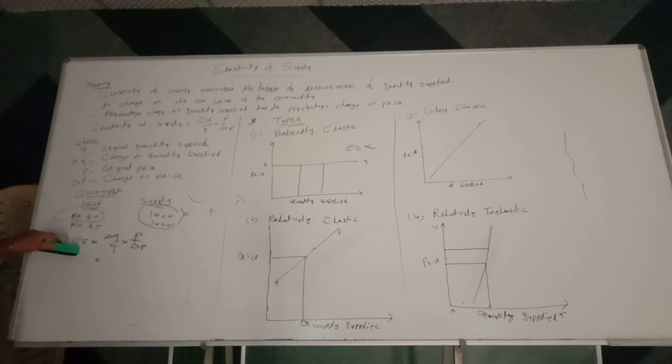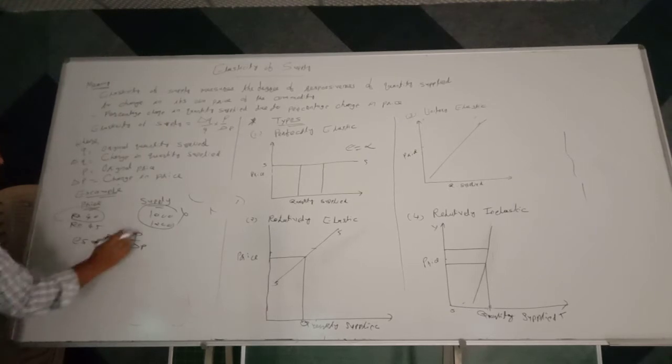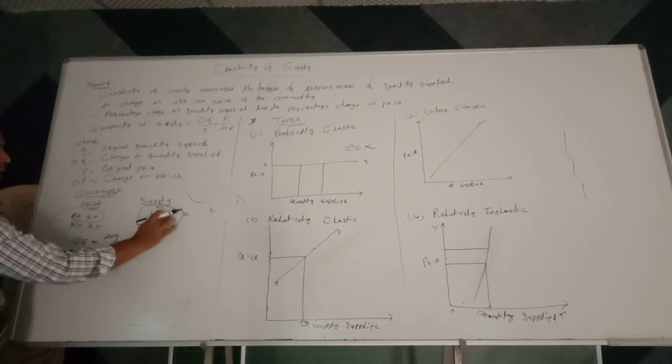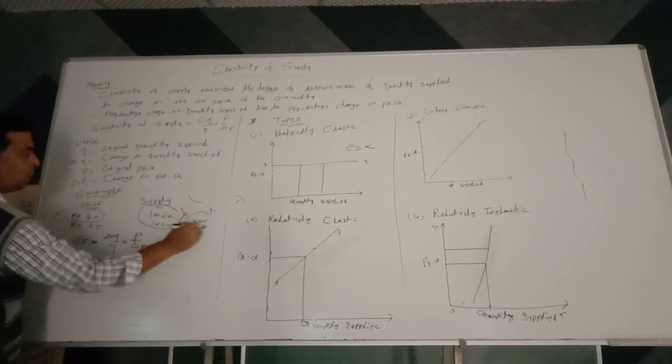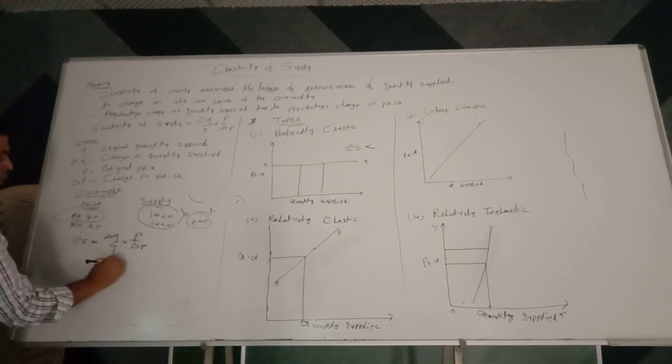So ES is delta Q upon Q into P upon delta P. Delta Q is the increase from 1000 to 1200 units, so the difference is 200.